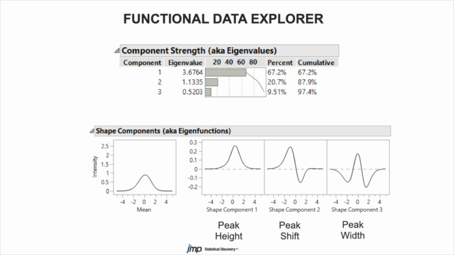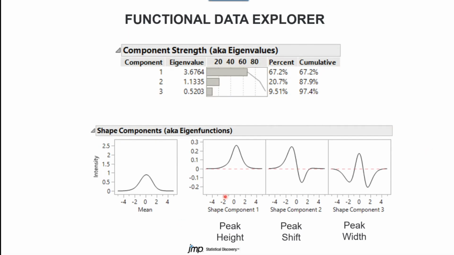And what I like to do when I do these functional principal components analyses is to try to come up with an interpretation of what you think that shape is doing. In this case, it looks like the leading eigenfunction or shape component is about the peak's height. If you had a coefficient that was large for this, it would mean that the peak was higher. If it was smaller, it would be lower down.